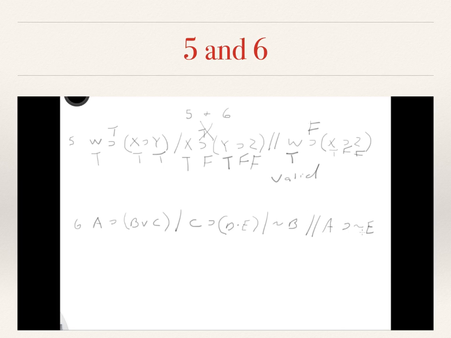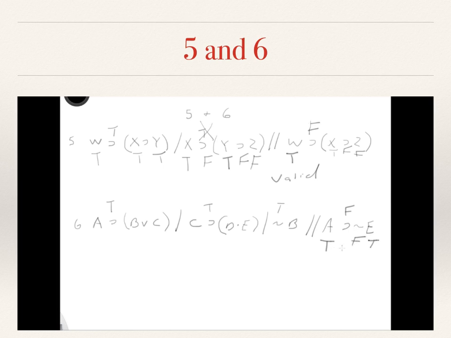Similarly, we have an implication in the conclusion, so we're going to assume that this can be made false and that the others can be made true. So if this is going to be made false, then A would have to be true, and E would have to end up being false when we have the negation sign here. So E starts off true, but then it gets negated to make it false.